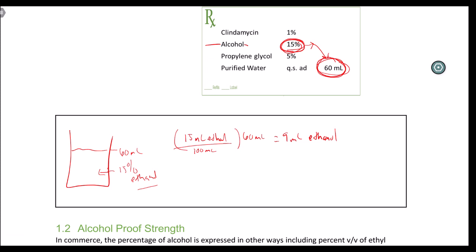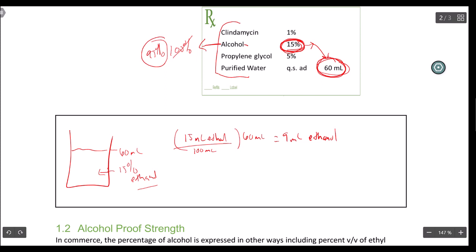Now the problem is when I go and make this, I'm not going to pull 100% pure alcohol right off the shelf. I'm going to be pulling 95% alcohol off the shelf in a bottle. And I need to add how much of this 95% USP grade do I need to get 9 mLs of pure ethanol?